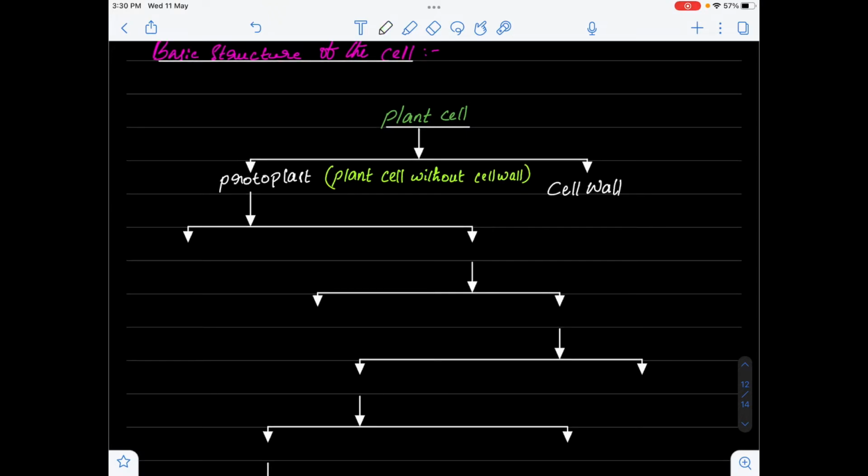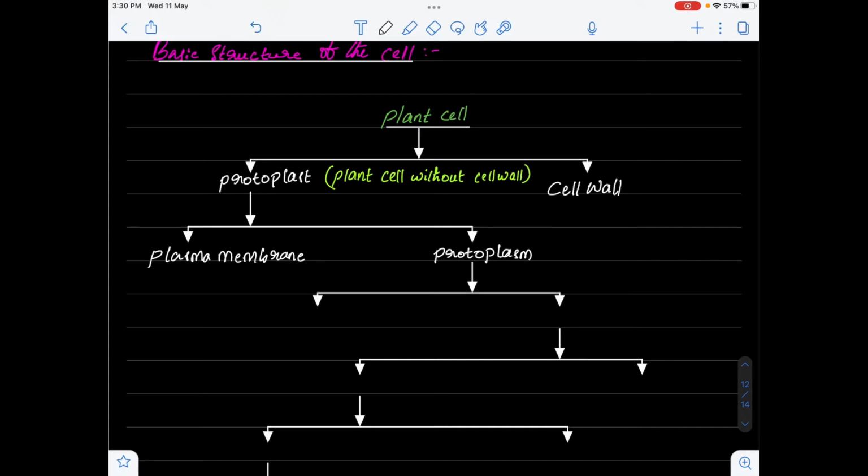Here in the protoplast, the plasma membrane and protoplasm are the main parts. Protoplasm is the living fluid of the cell.